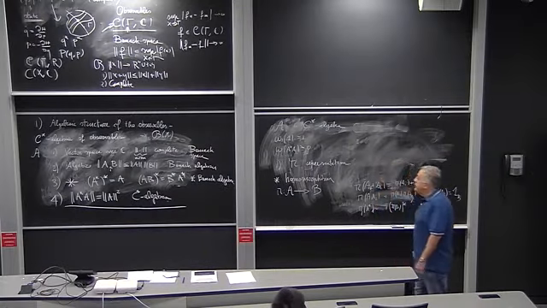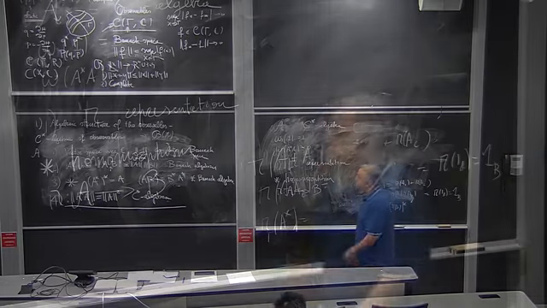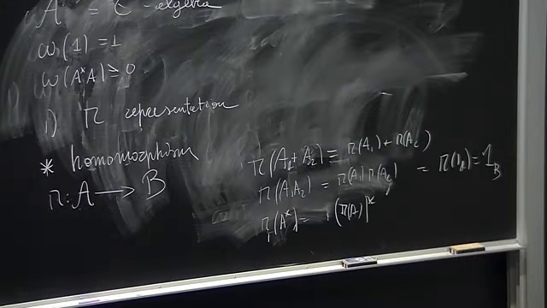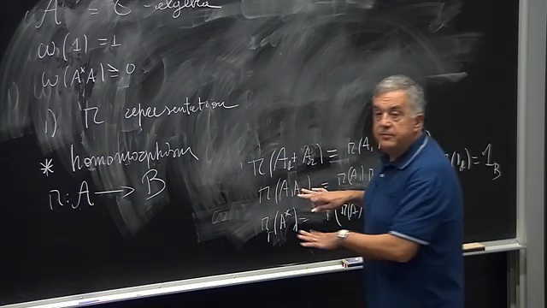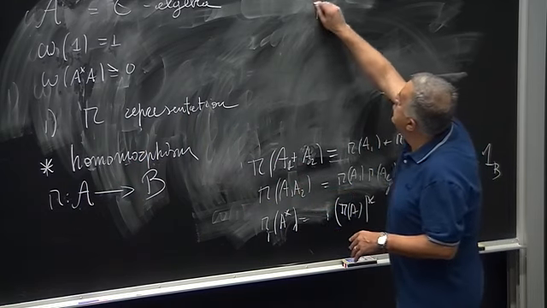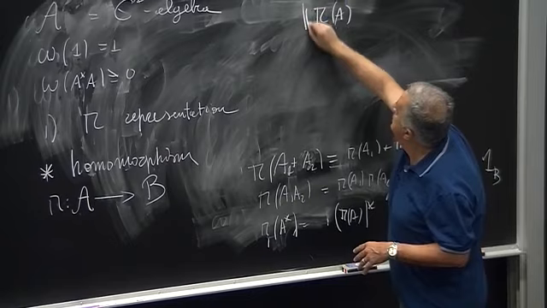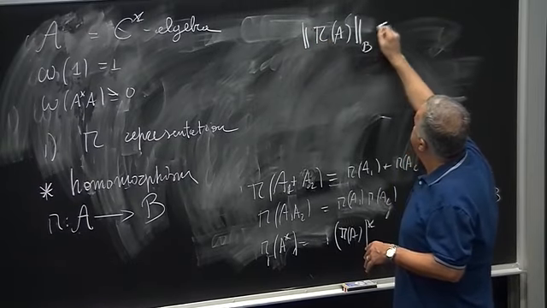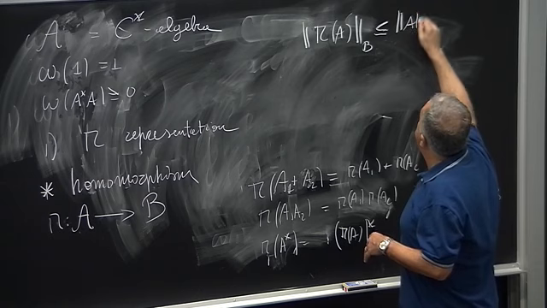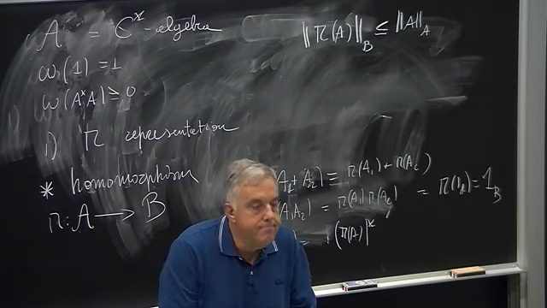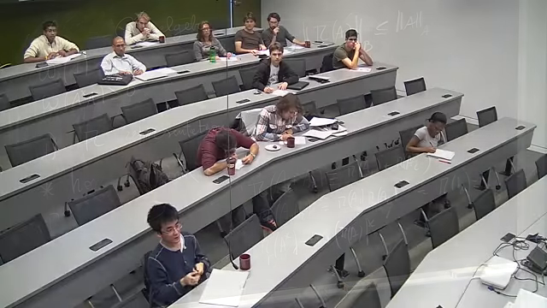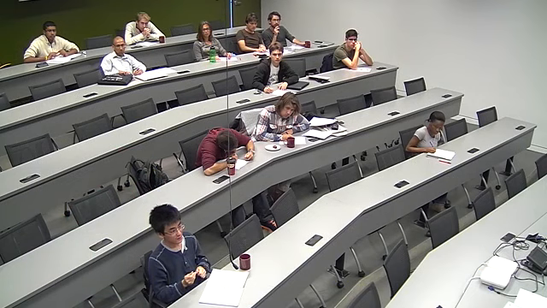It is not difficult to show that if you have a star homomorphism between algebras, the norm of P of A in B is less or equal than the norm of A in A. Yes? Sorry, doesn't the multiplicative property imply the unit thing that you put there? Not really.